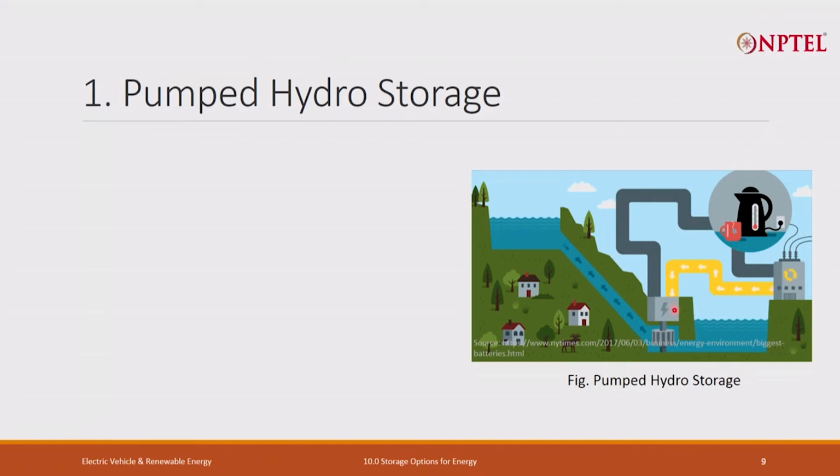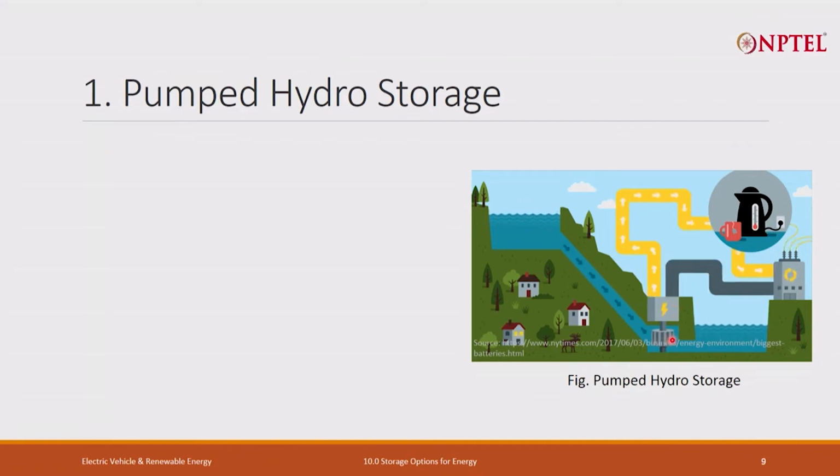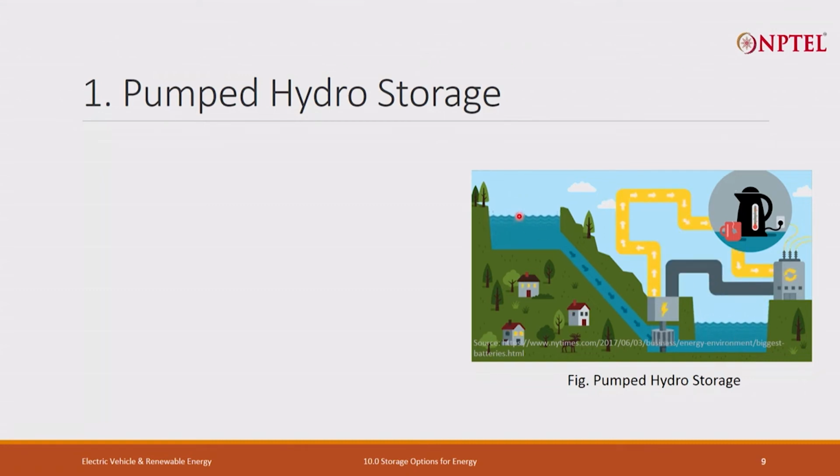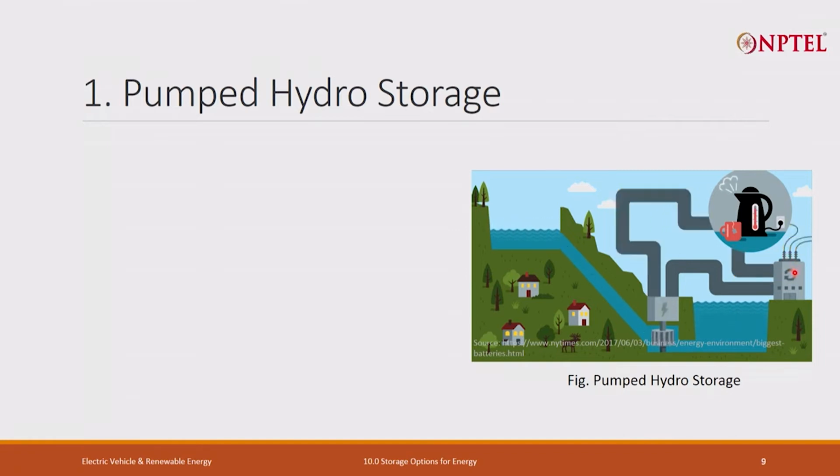When we have excess energy, this acts as a motor, turns the pump, and pushes the water to a higher level. Whenever this is not the case, the water goes back. This motor acts as a generator, this pump acts as a turbine, and gives back the energy in electrical form to be used in the house. So your house is still running continuously. You don't even feel what is happening there.